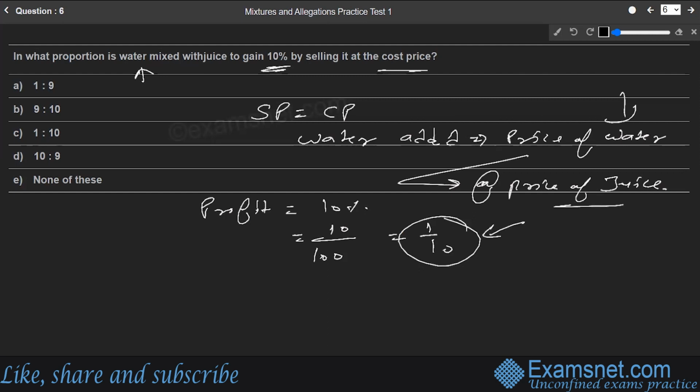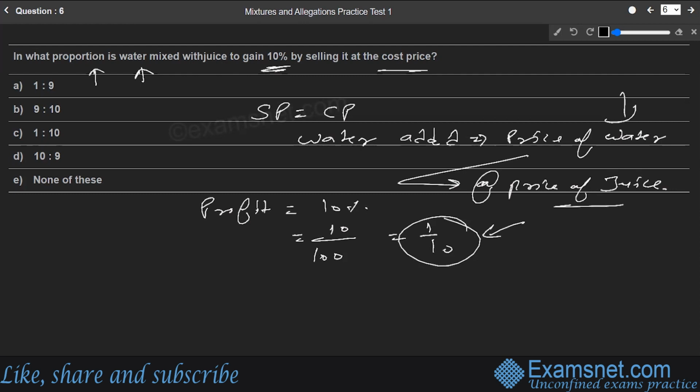So that 1/10 is nothing but what you have added as water, because you are selling the things at cost price only. You have added 1 by 10 of water into it, and you are selling the 1 by 10th water at the price of juice itself. So that becomes your profit. The 1 by 10 of the cost price becomes your profit. They ask in what proportion is water mixed.